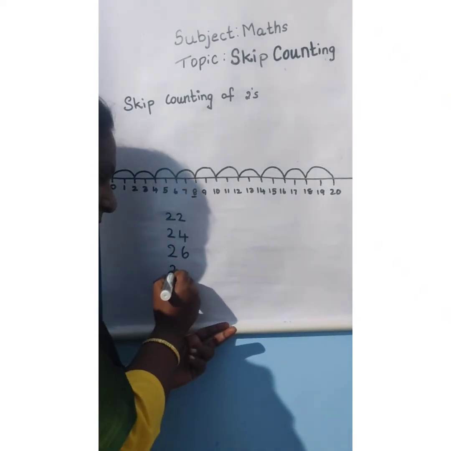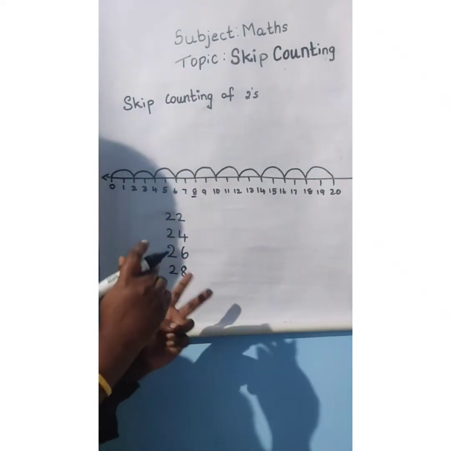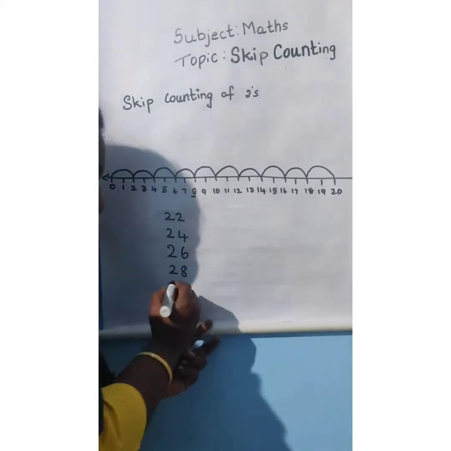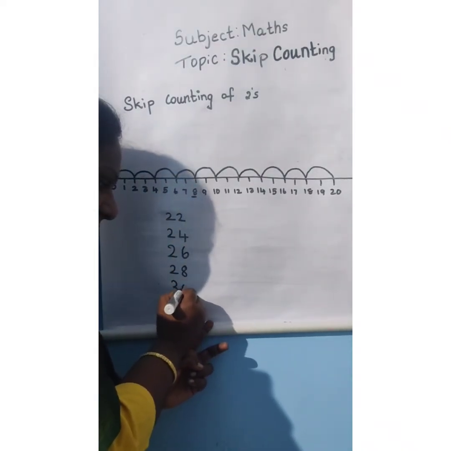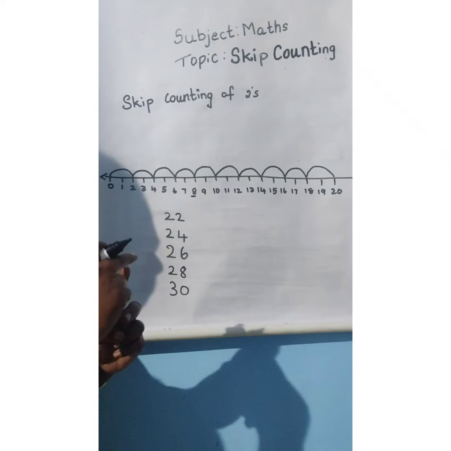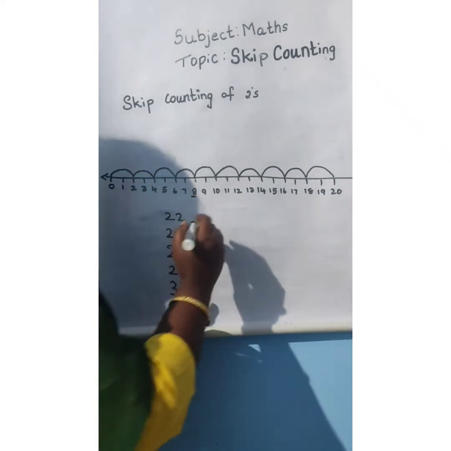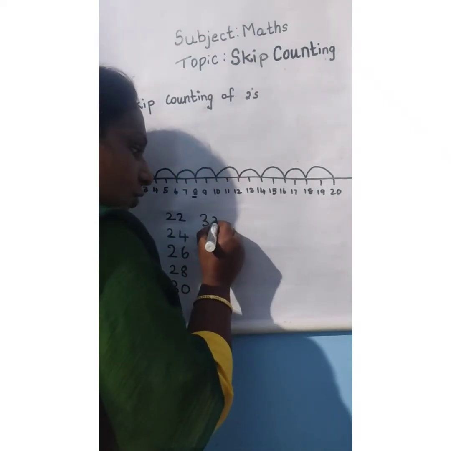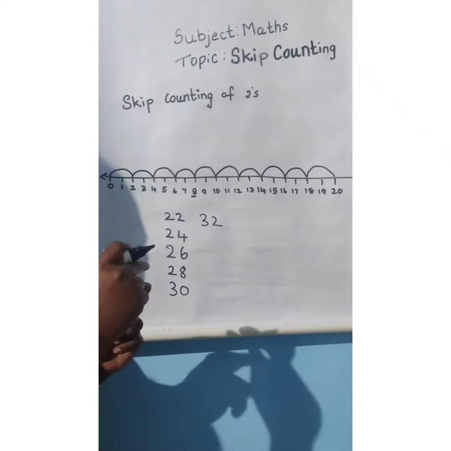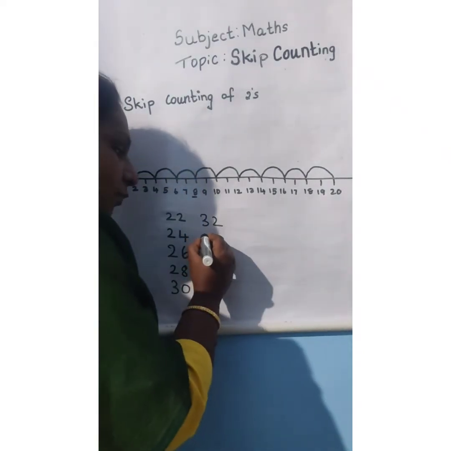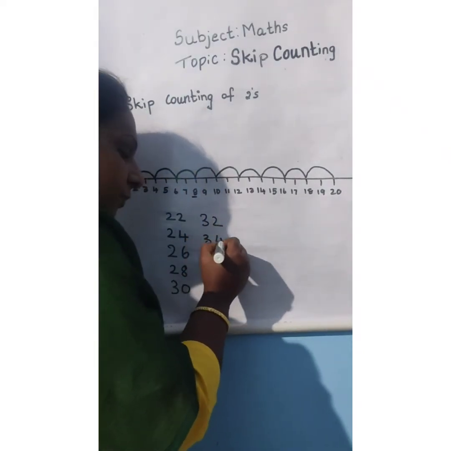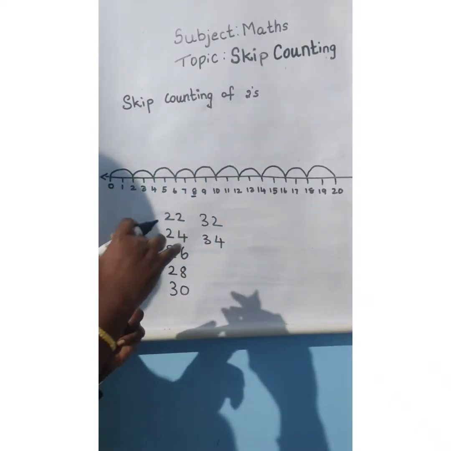So write 28. Okay, 29, 30. So write here 30. Okay, so the next is 31, 32. Write here 32. 33, 34. So the next number will be what? 34. So the next is 35, 36.